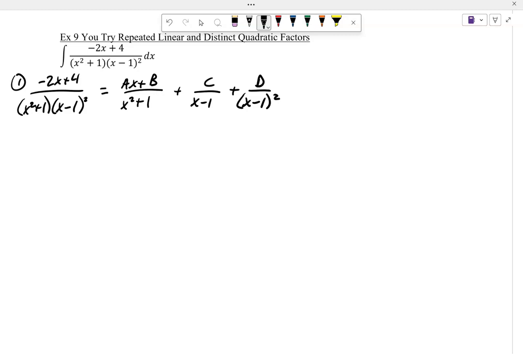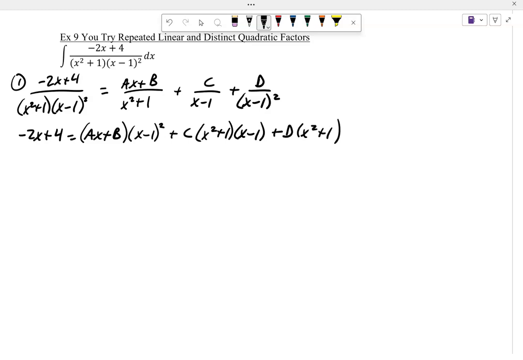And now we multiply everybody by (x squared plus 1)(x minus 1) quantity squared. And so we'll have negative 2x plus 4 equals (ax plus b)(x minus 1) squared plus c(x squared plus 1)(x minus 1) plus d(x squared plus 1).